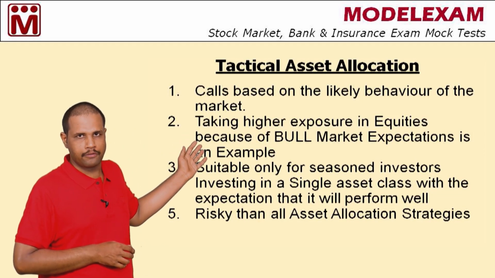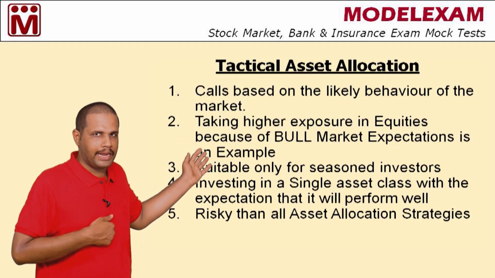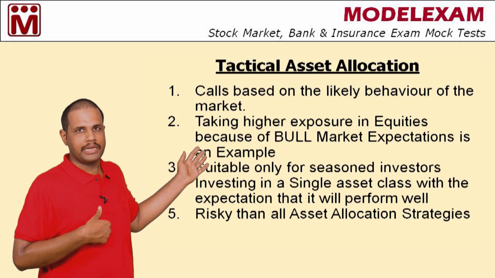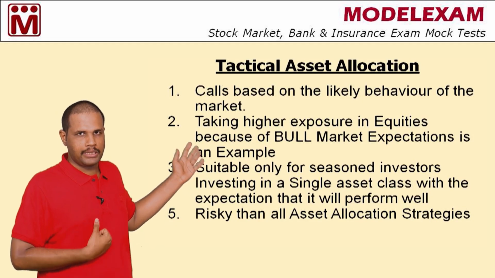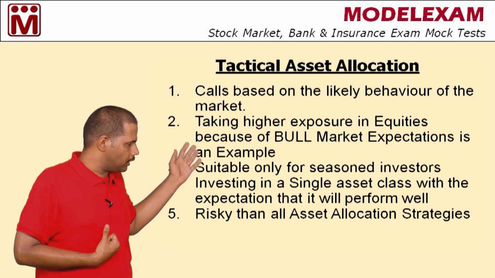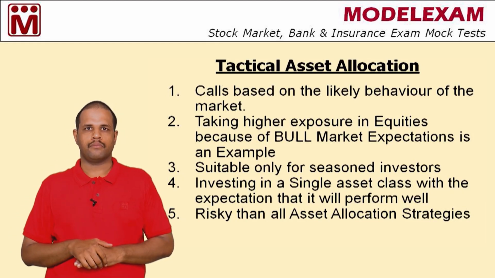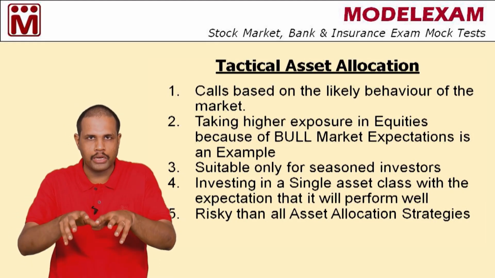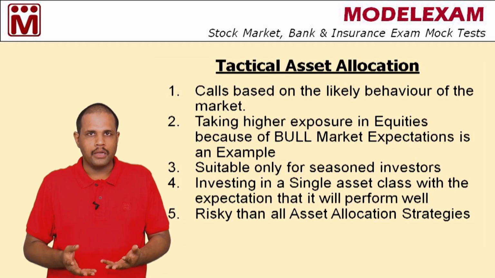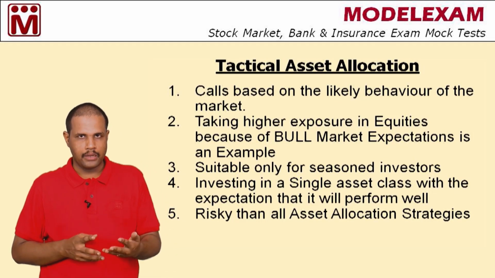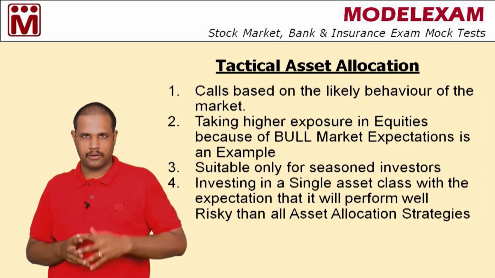If I feel that equity markets will increase, if I feel that there is going to be a bull run in equity markets, I will dump my entire amount in equity. I will invest my entire amount in equity with the hope that it will generate higher returns, with the hope that soon the bull run will start.